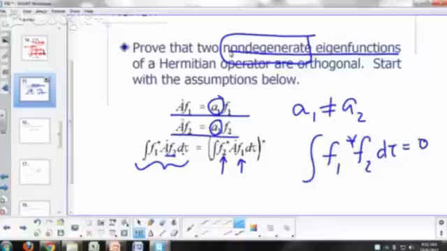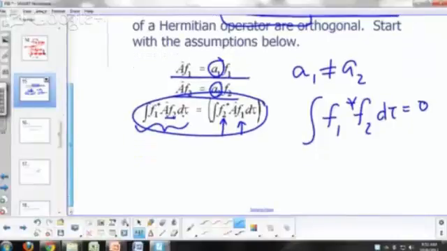So this equation is implied if A is Hermitian. In fact, f1 and f2 don't have to be eigenfunctions of A if A is Hermitian, as long as they're well behaved. All right, so how are we going to prove that they are orthogonal?